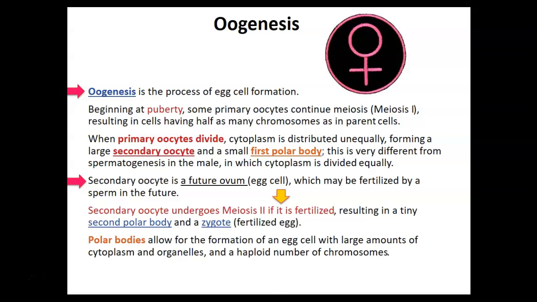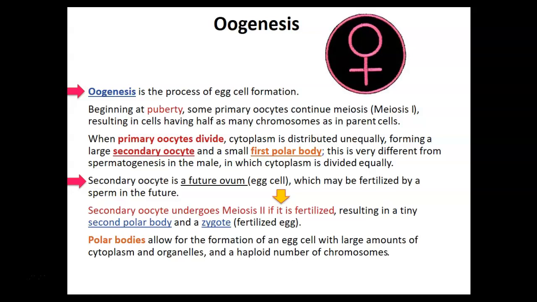So at puberty, when some primary oocytes are continuing in meiosis 1, they're going to divide. And then the cytoplasm is going to be distributed unevenly. You'll essentially get 1 secondary oocyte and 1 polar body. The polar body is a lot smaller than the secondary oocyte, and it's eventually just going to die via apoptosis.